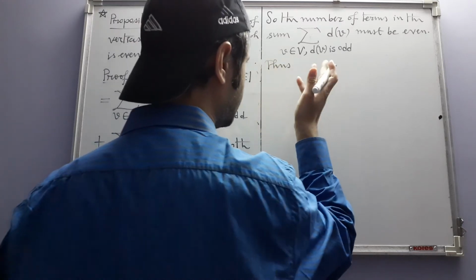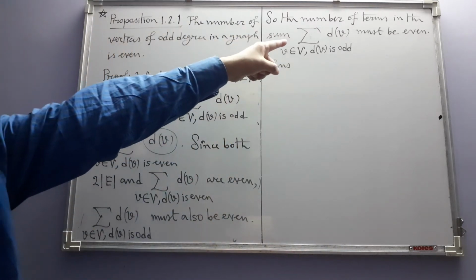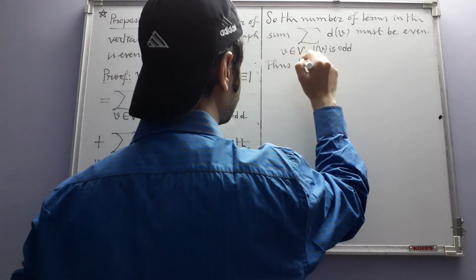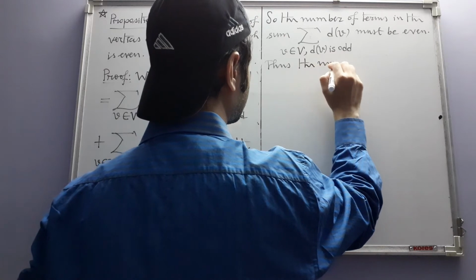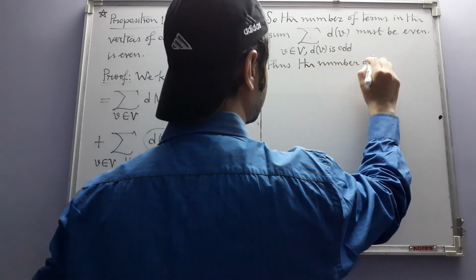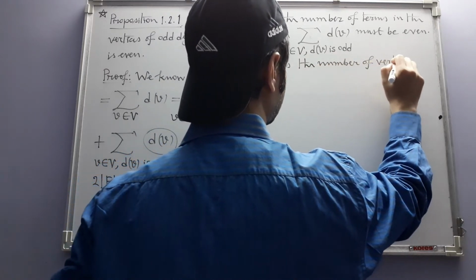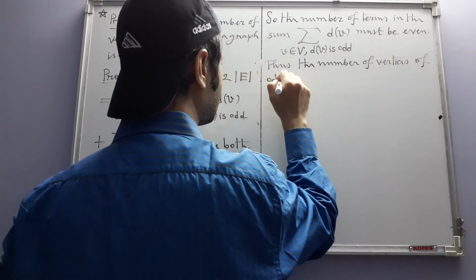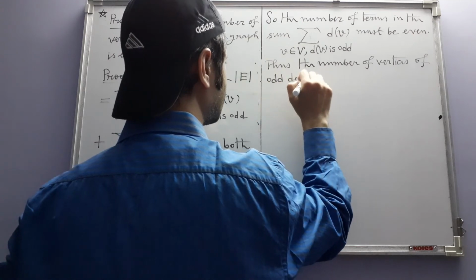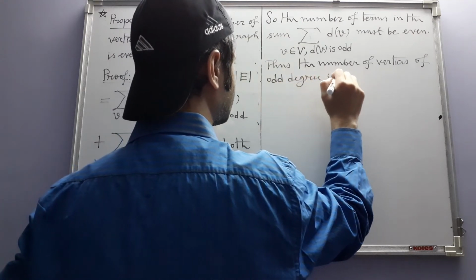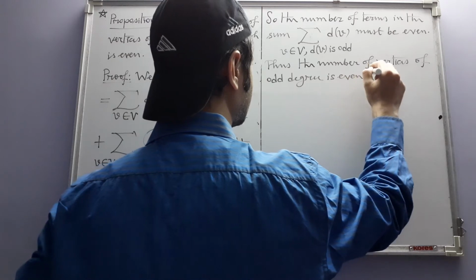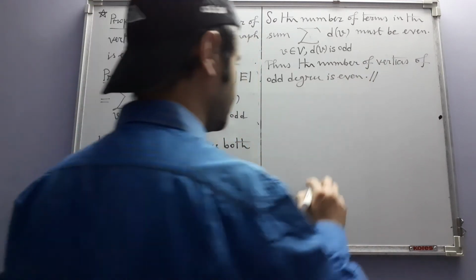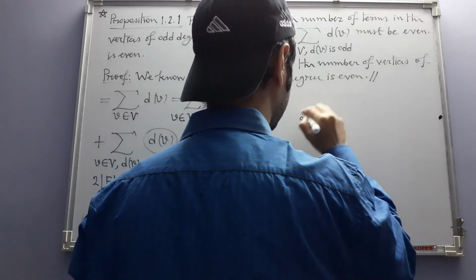Thus, and these are precisely the vertices having odd degree, the number is even. To illustrate this result, let us take a graph, not that same graph, but something else.